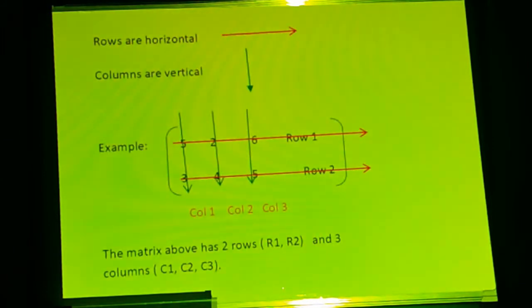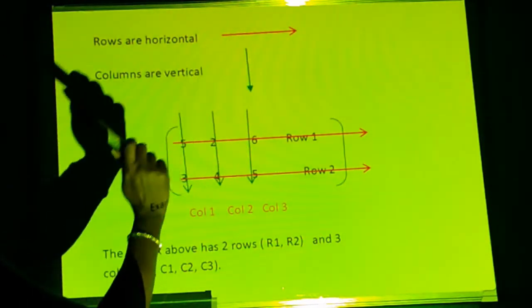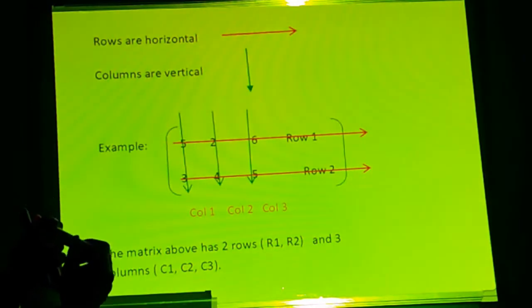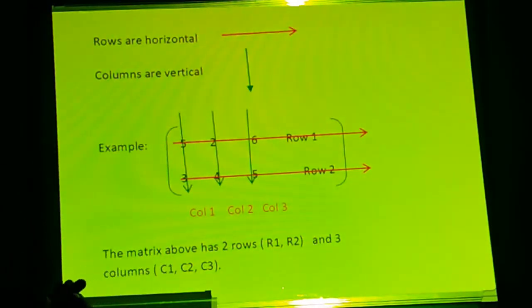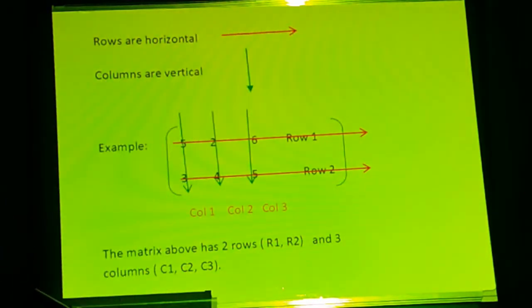Aha! Rows are horizontal, columns are vertical. An example of horizontal would be a pen lying on a table, or you could say west, east. That will help you to remember what horizontal looks like.